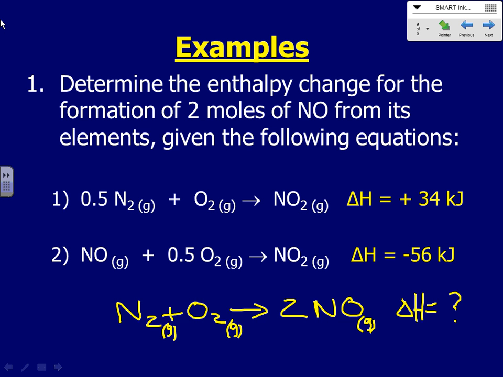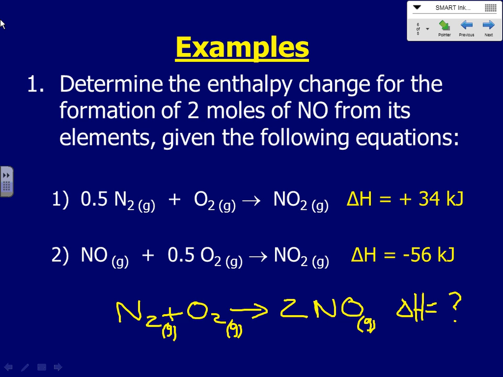The tactic that I use, this is the way I do this, and it works quite well. I look for my reactants and my products in the reactions that I'm given. I see here that I have 2NO as a product. And if I look for NO, it only appears in reaction number 2 as a reactant.